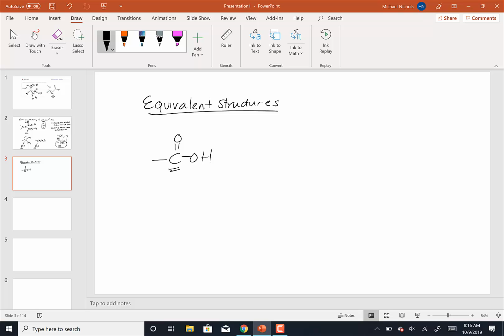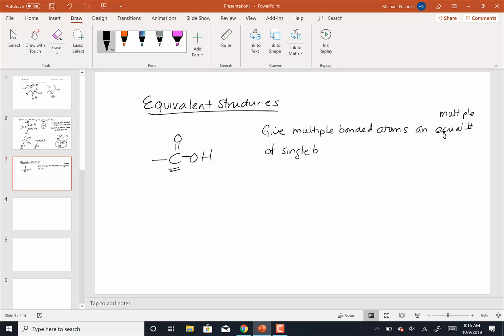And so when we write equivalent structures, what we do is we basically give the multiple bonded atoms an equal, or actually a multiple, number of single bonds.